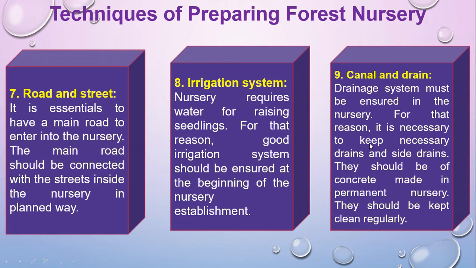Next one is canal drain. Drainage system must be ensured in the nursery. For that reason, it is necessary to keep necessary drains and side drains. They should be made of concrete in a permanent nursery. They should be kept clean regularly, because sometimes due to the rain, water can be stagnant in some places. For removing that water, you need to make the drain.